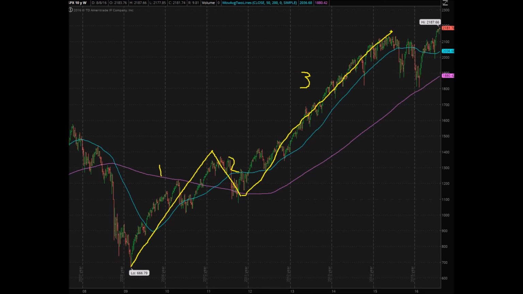Number 4, and then number 5. That being said, number 5 is never larger than 3. It's usually the smallest wave in the Elliott wave progression.